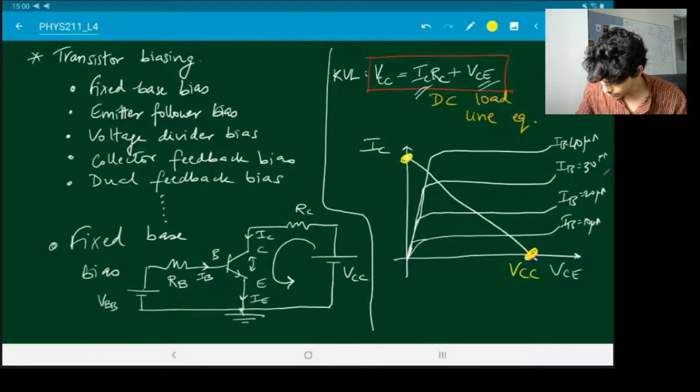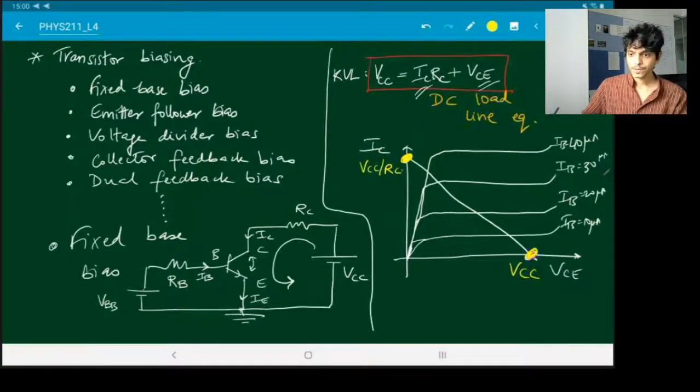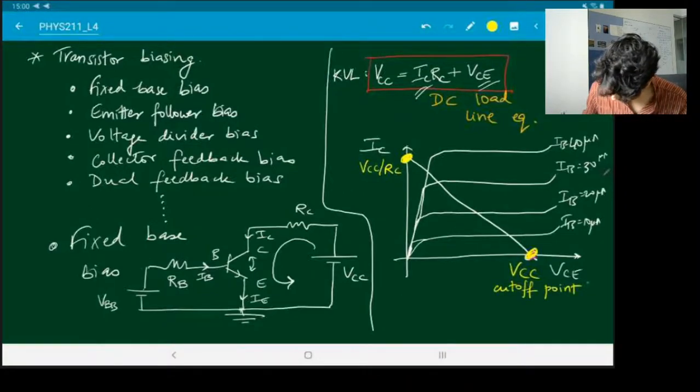And this point over here corresponds to VCE being equal to 0, which means IC is VCC over RC. So this point over here is called the cutoff point. This point over here is called the saturation point.